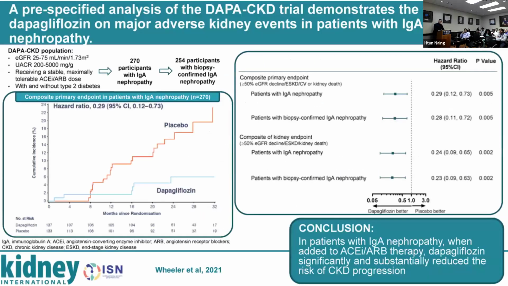So our golden child, the SGLT2 inhibitor. They did the DAPA trial, they picked CKD, DAPA-CKD, but they never initially thought about the IgA. But in the subgroup in DAPA-CKD, they have about 270 patients with IgA nephropathy, 254 biopsy-confirmed. With the SGLT2 inhibitor, the primary composite outcome is significant, like 0.29, with a hazard ratio of 0.12 to 0.73.